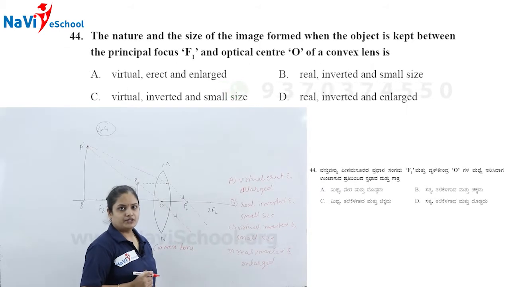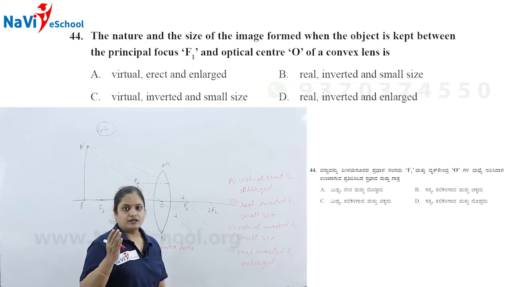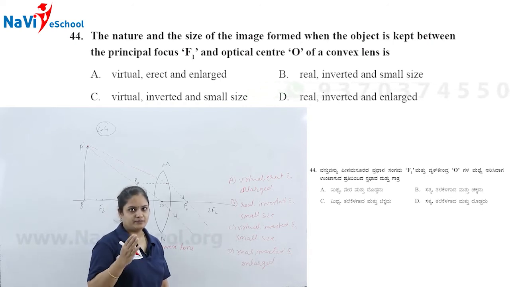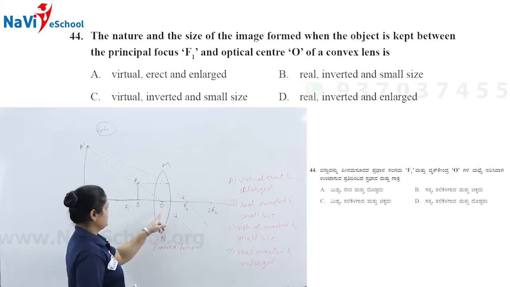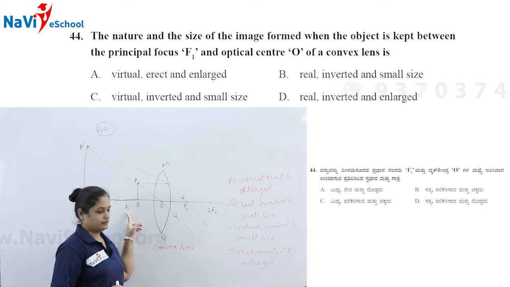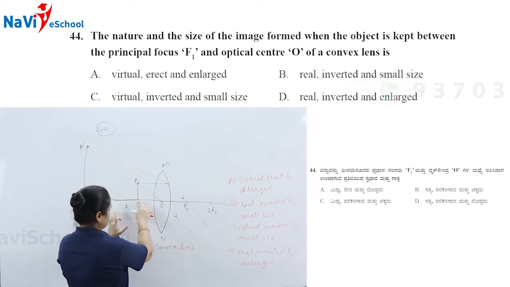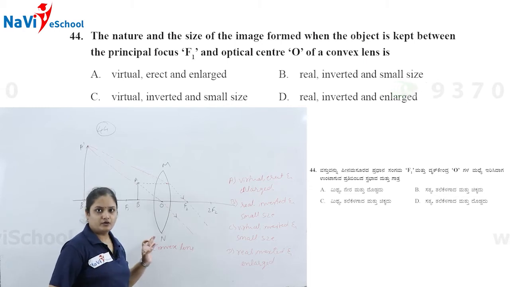So, here in the question it says that the object has been placed in between center O and the focal point f1. See here children, this AB is our object.